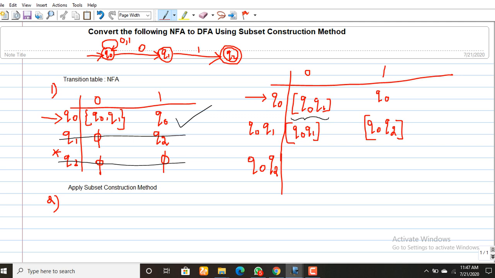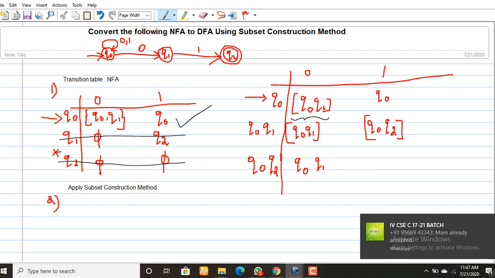Next, from Q0, Q2 on receiving 0, it goes to Q0, Q1. Q2 has no transitions for 0 and 1, so concatenation with phi gives the same state.